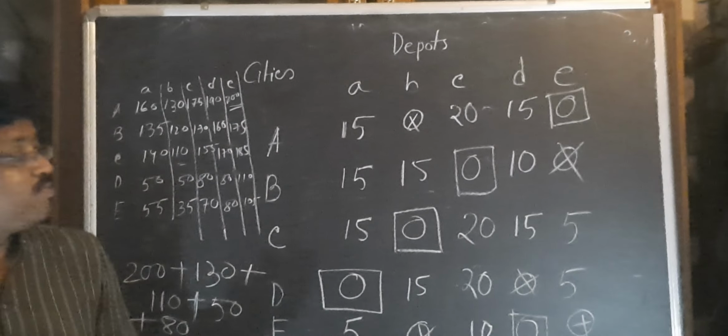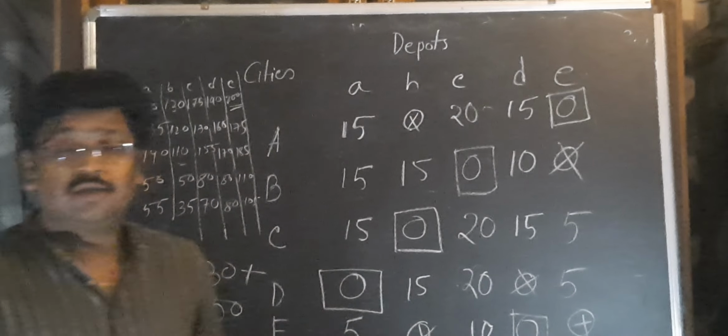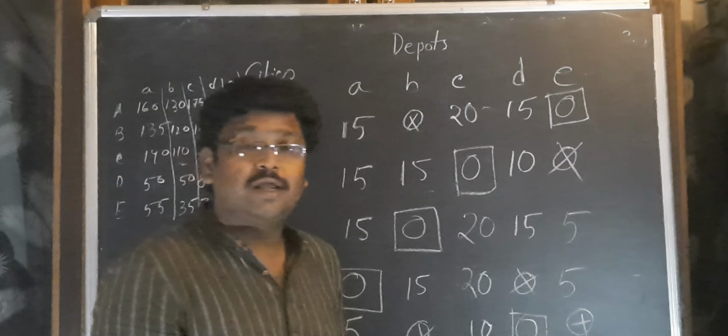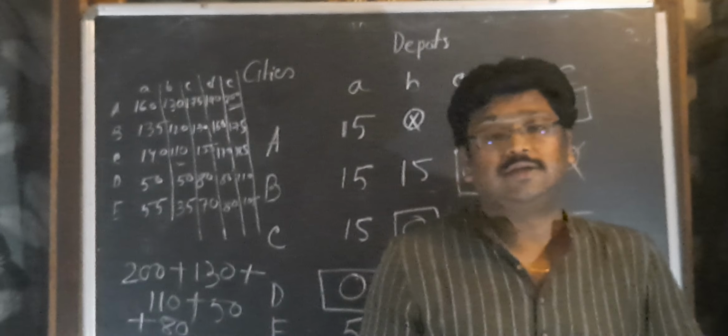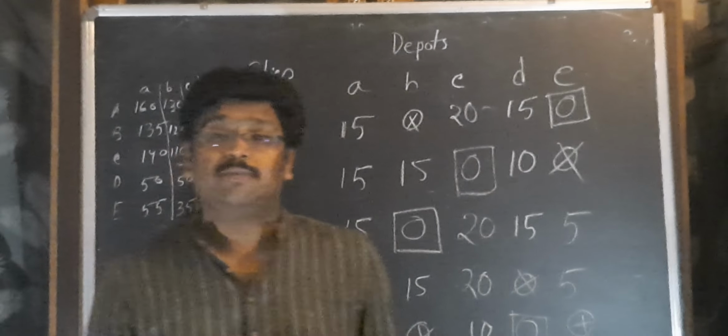So I hope you have an understanding of the assignment problem, and it is a part of the transportation problem, and I have already discussed it in my previous video.